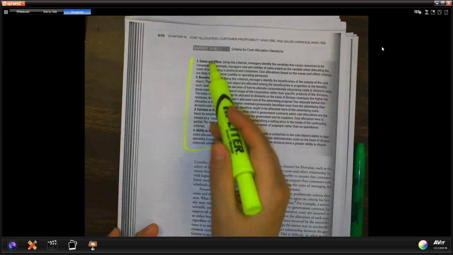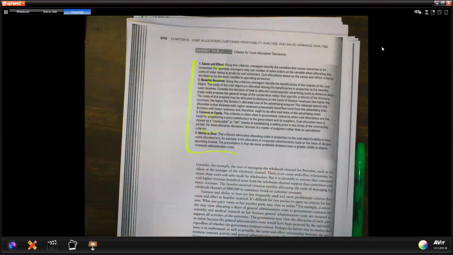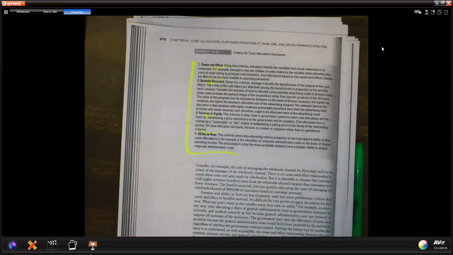It's not that much, right? So you have to know there are 4 criteria, and we talk about that. The first 2 are better ones, used more for your economic decisions, and the last 2 are not that good, but you want to know the meaning of those 2. Cause and effect: if someone causes the cost, then we definitely have to allocate it to that customer, division, or channel.